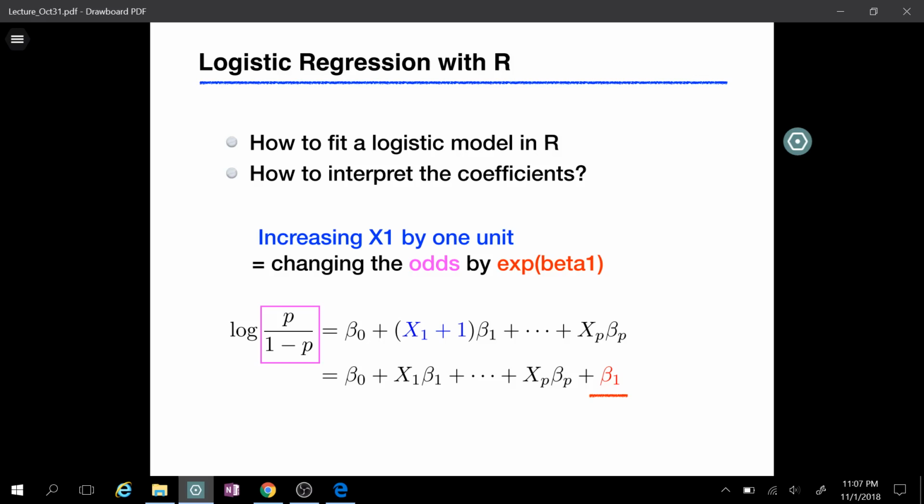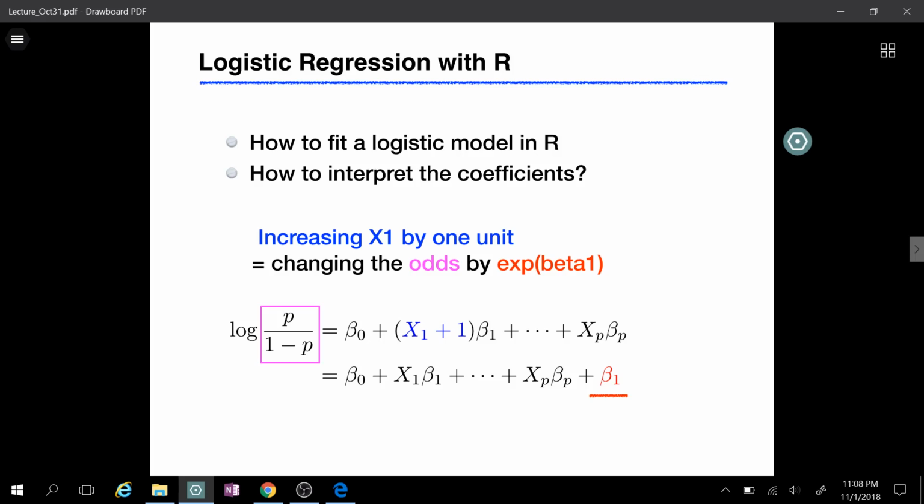If we increase our variable x1 by 1 unit, and then you just work out this calculation, you're going to find out we basically increase the log odds by beta 1. So the interpretation of this coefficient beta 1 would be, if we increase x1 by 1 unit, then we'll change the odds by exponential of beta 1.